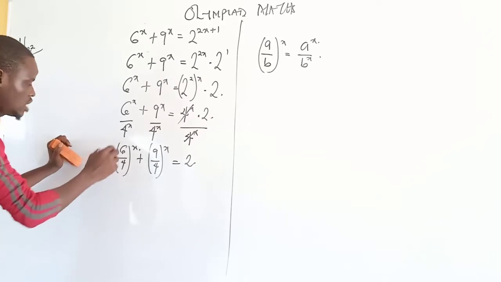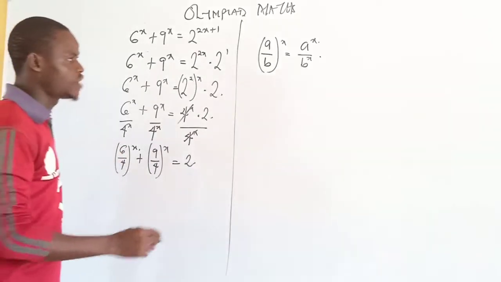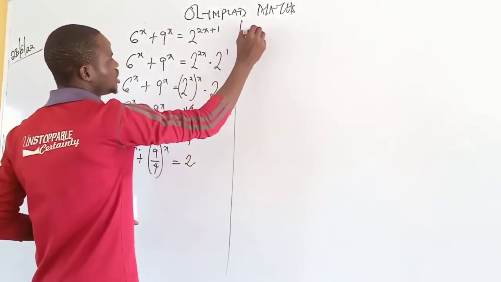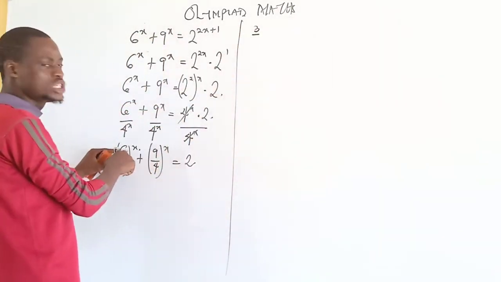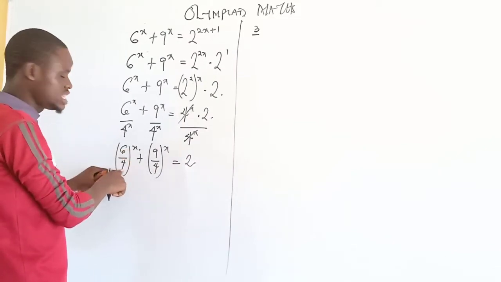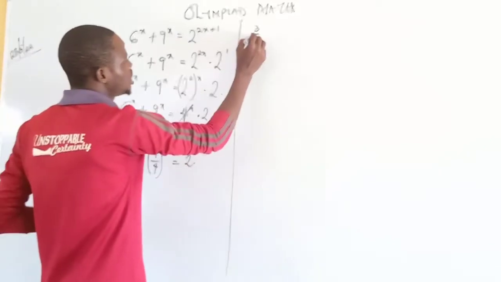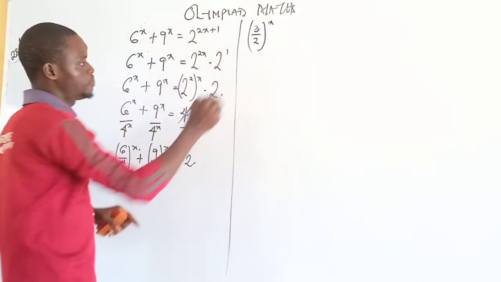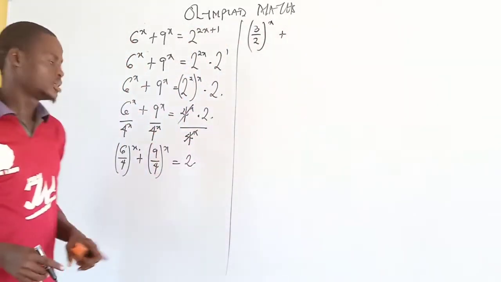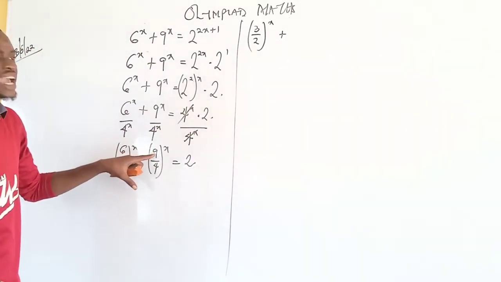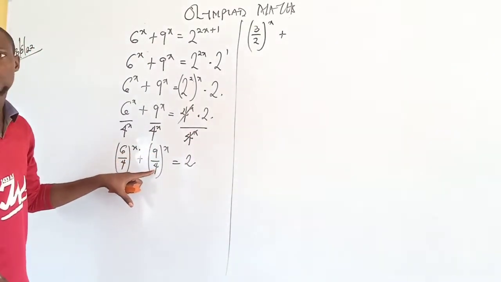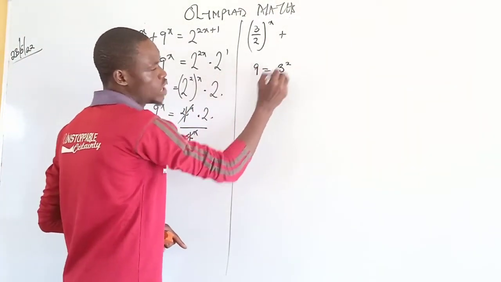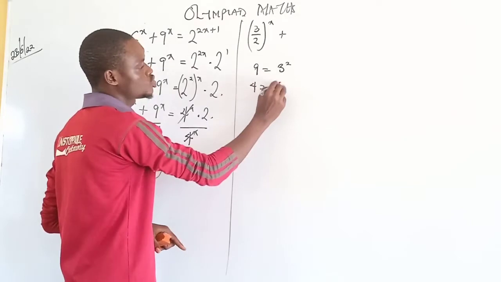2 can divide this. If I divide this by 2, I will be having 3 all over 2, everything raised to the power x, then plus, I can apply the law of indices here. This 9 is a perfect square, and 4 is also a perfect square. 9 is the same thing as 3 squared, while 4 is the same thing as 2 squared.